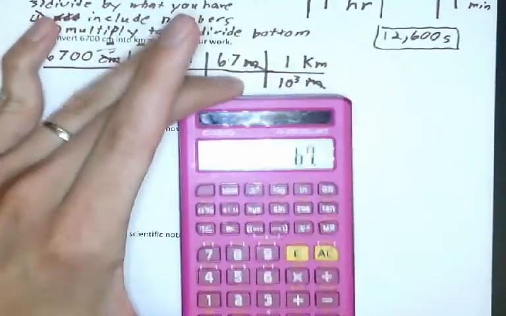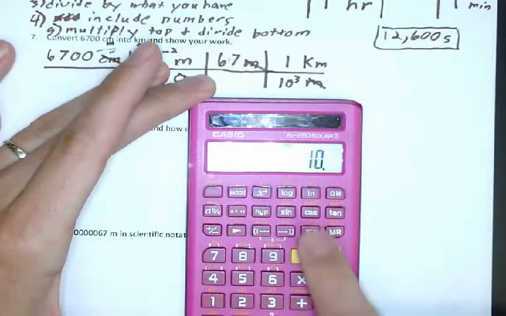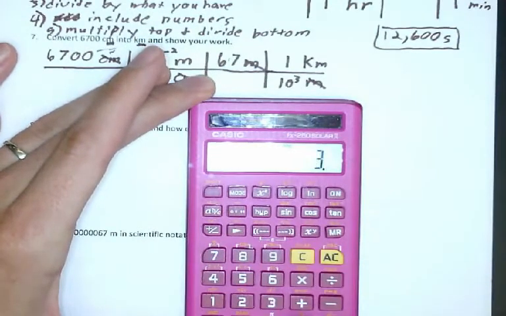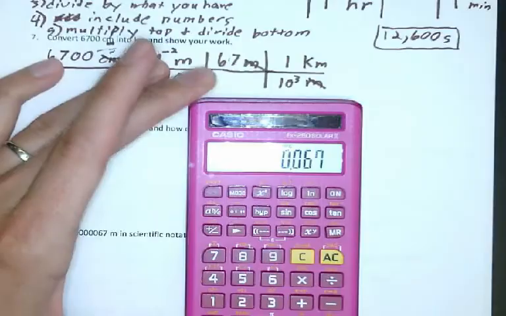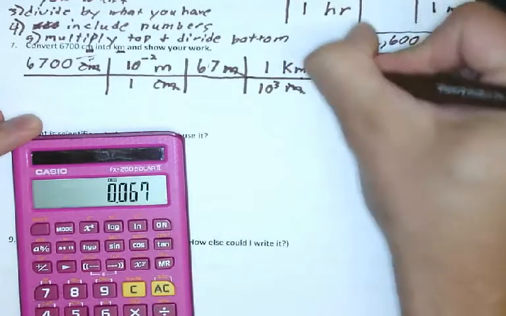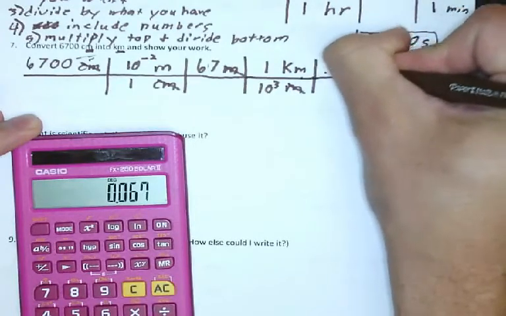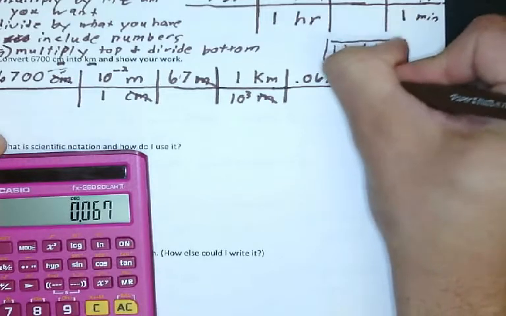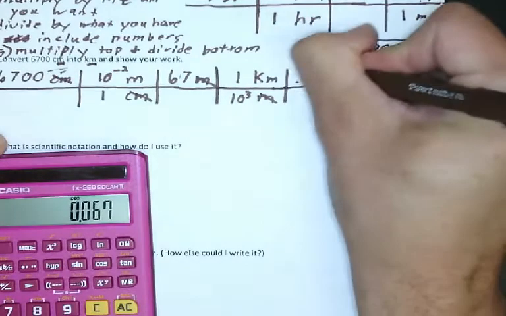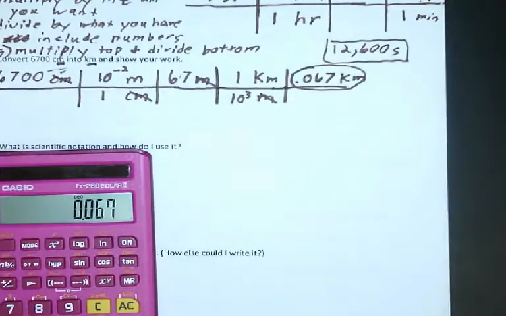So 67 divided by 10 power 3 is 0.067. And there's my answer, 0.067.